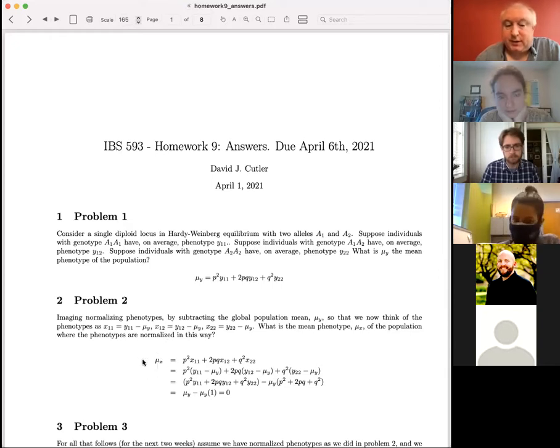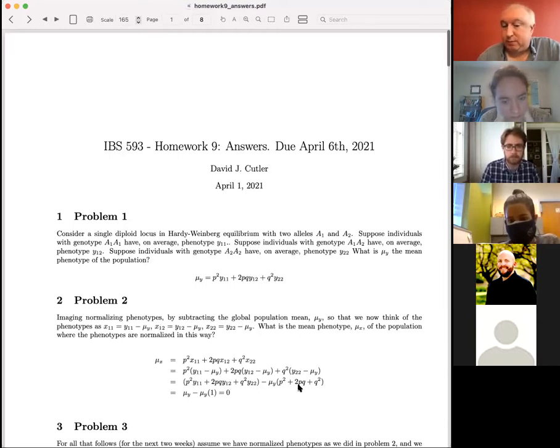We start with mu x, the average of x, which is the frequency of A1A1 individuals times x11 plus the frequency of A1A2 individuals times x12 plus the frequency of A2A2 individuals times x22. We substitute in y11 minus y's mean for x11, y12 minus y's mean for x12, and y22 minus y's mean for x22, which I'm going to rewrite as p squared y11 plus 2pq y12 plus q squared y22 minus y's mean times p squared plus 2pq plus q squared.